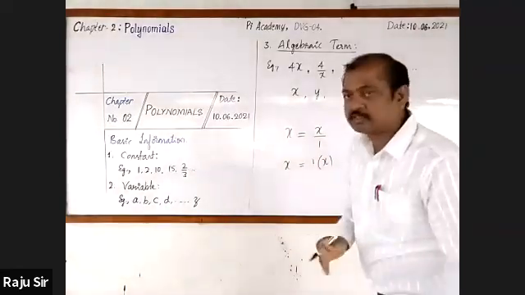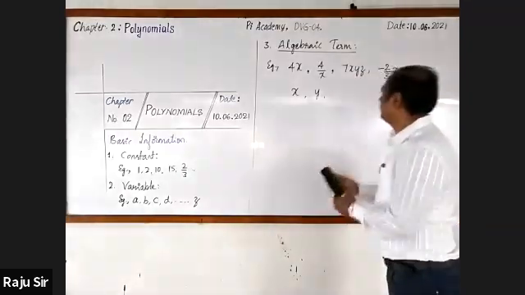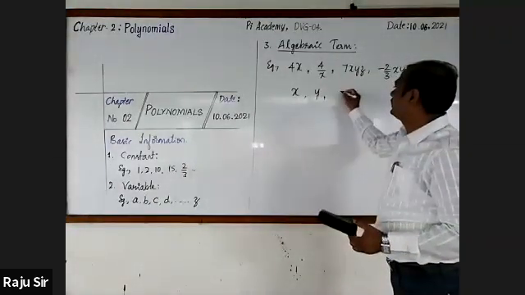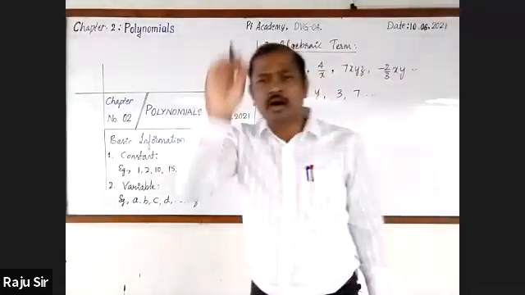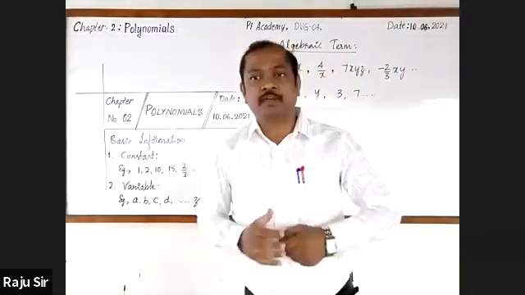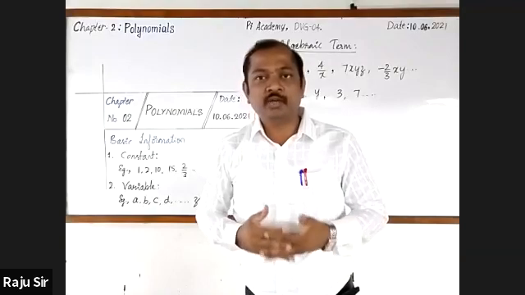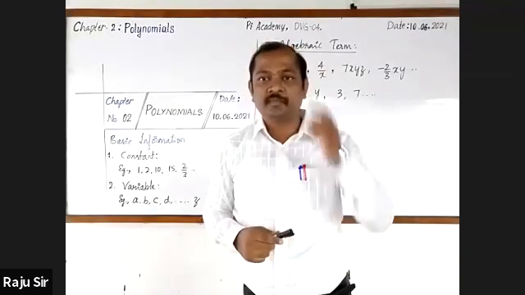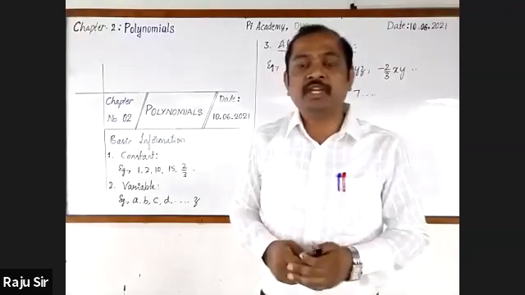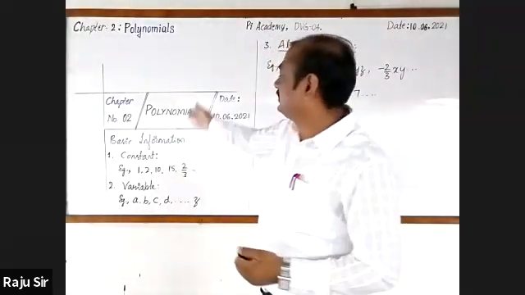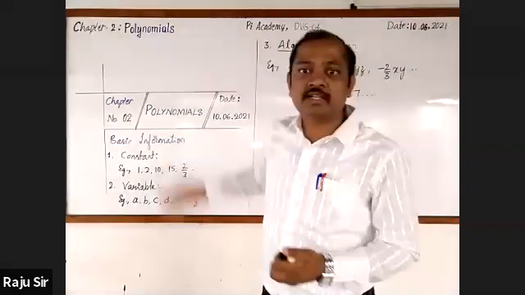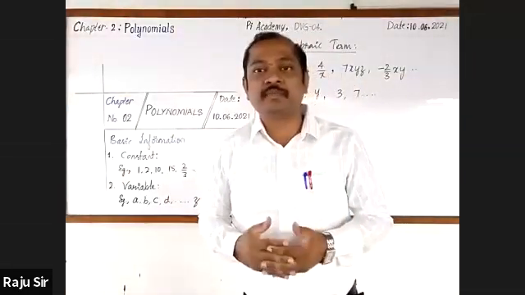I take some constants as well, as algebraic terms, like 3, 7 and so on. All constants are algebraic terms. Are you thinking why? Are you thinking why the constants are called algebraic terms?